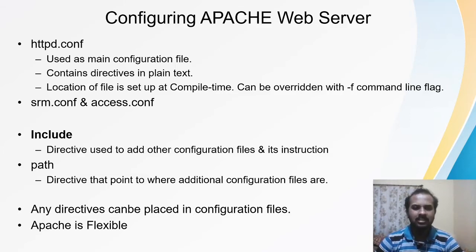Apache uses one main configuration file that is called httpd.conf. It contains most of the directives. Directives are commands in plain text. The location of the file is set up during compilation time and it can be changed by using the -f command flag.